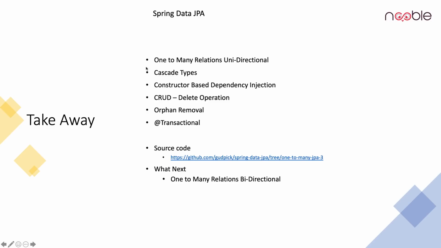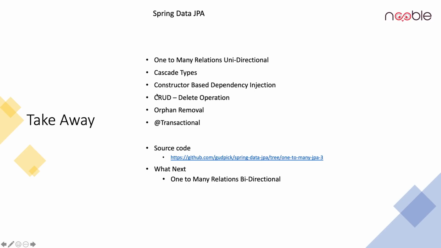Now the takeaways, we are concluding this session. We spoke about one-to-many relations unidirectional. The cascade types, we went on to explore cascade type.persist and cascade type.all. Constructor based dependency injection, where we remove the autowired keyword and use constructors for dependency injection.